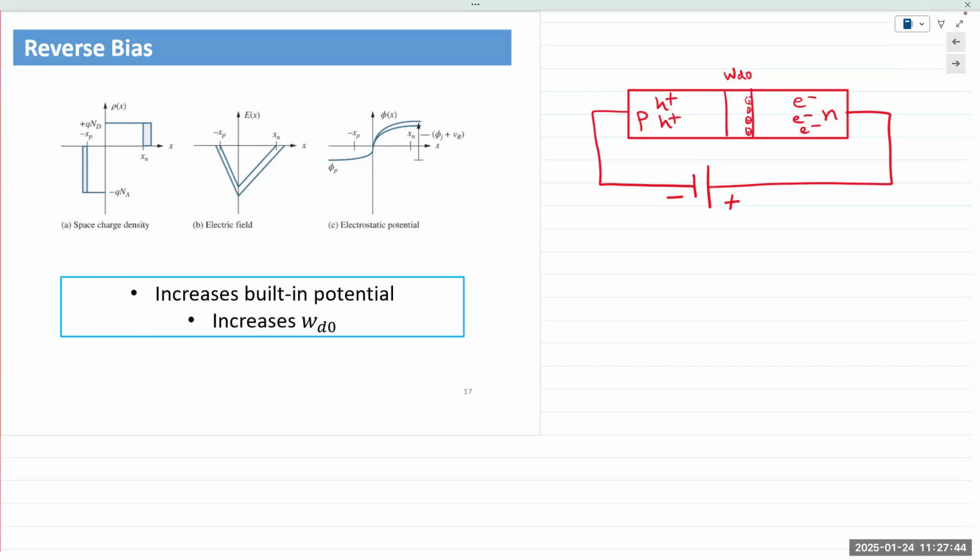So this is the original, and these are the new ones. And so the depletion region expands because more ionized atoms are now being created.